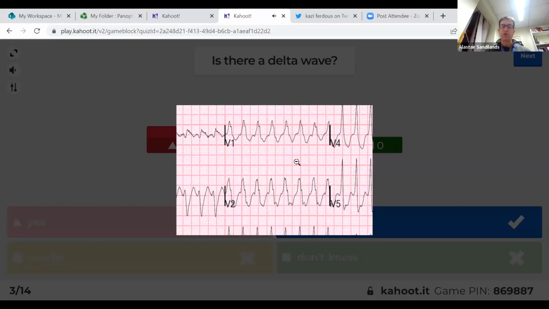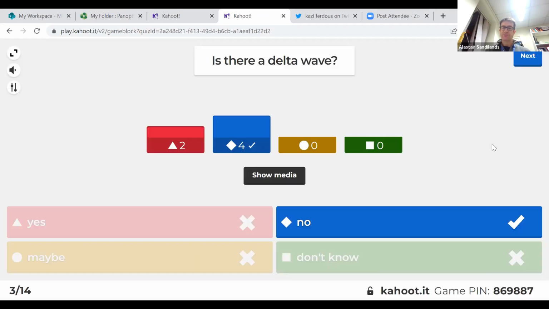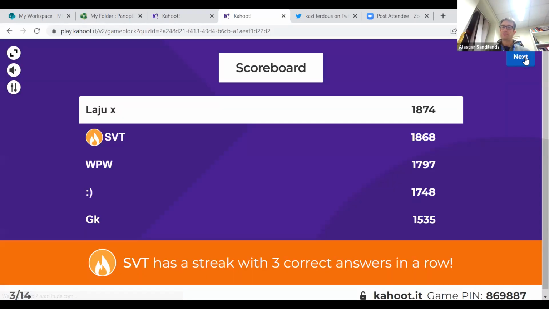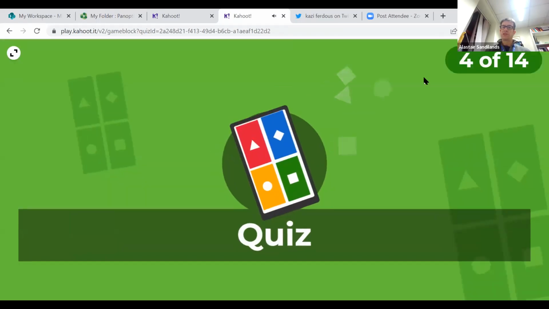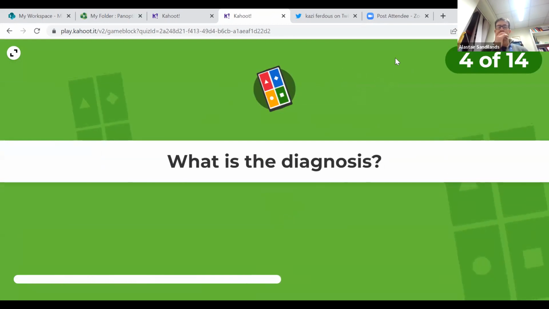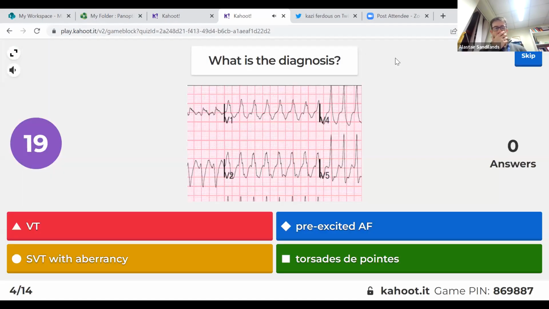It's a tough one, a difficult one, but looking straight up, straight down from the isoelectric line. You've got to go from the isoelectric line, straight up, straight down. This is not delta waves there. What is therefore the diagnosis?